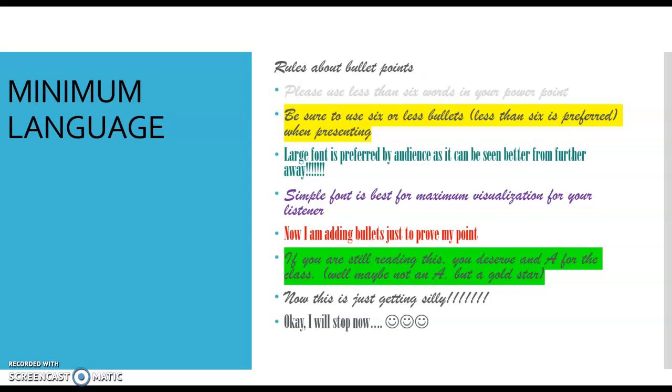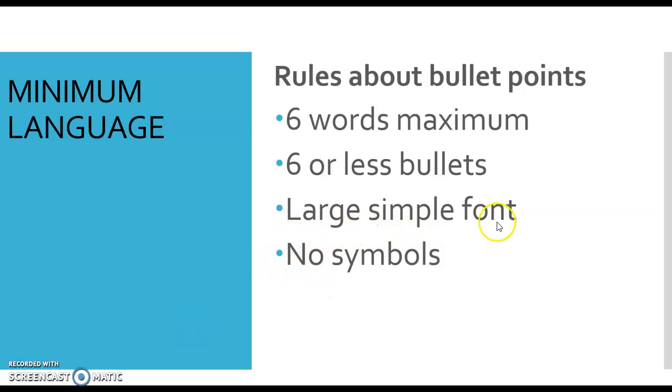I have encountered several teachers of my children who use a cursive font. And if I open up that email on my phone, I'll tell you, it takes some deep breaths. It's hard for me to get through an email, let alone learn from it or gain the information I need to. So visually, large, simple font. And then let's avoid symbols. Smiley faces, exclamation points, overuse of anything like that is simply a distraction.